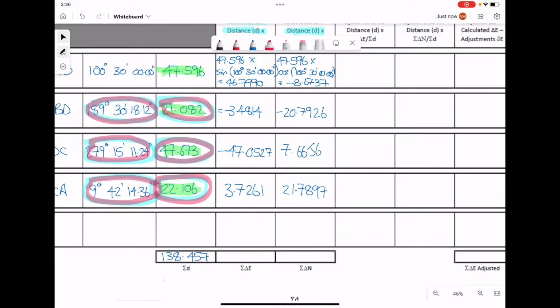Before we start to do any correction, what we're going to do is add up our partials. So for the partial eastings, we have 4 values. We're going to add them together and put the total in the sigma delta E cell: minus 0.0089.